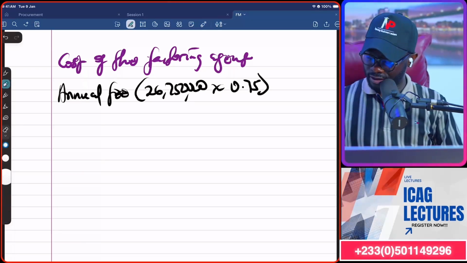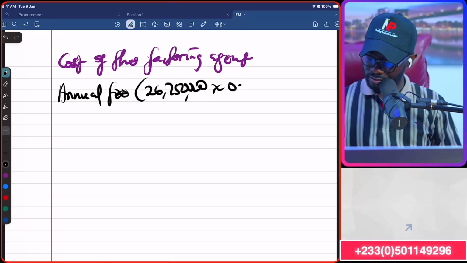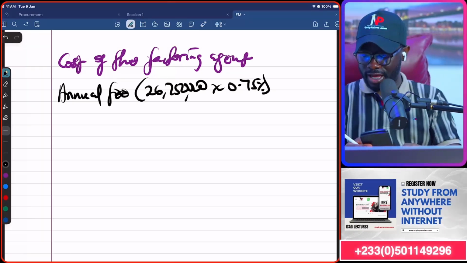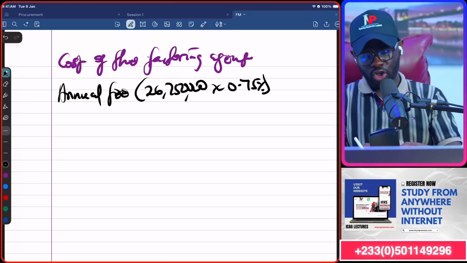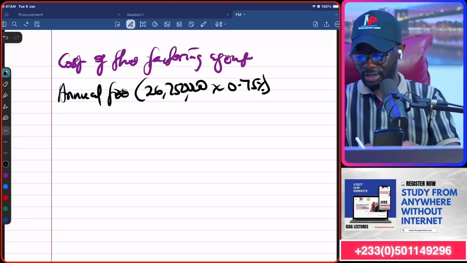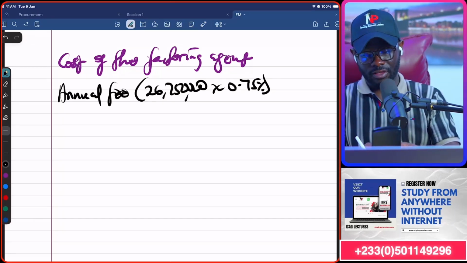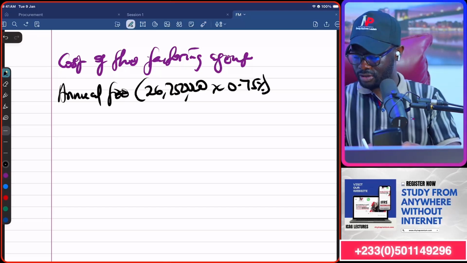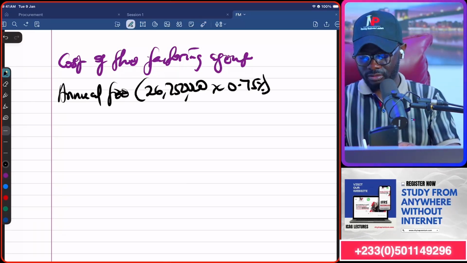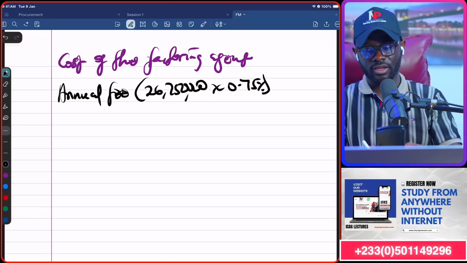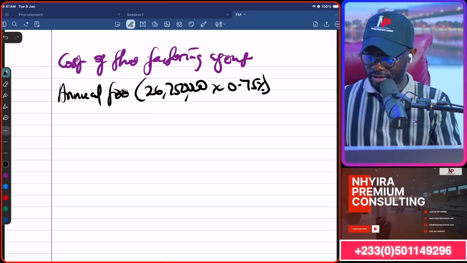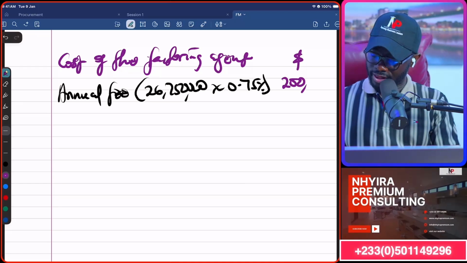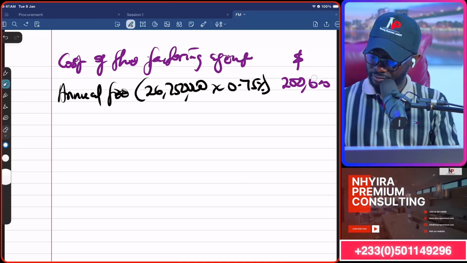That is not a significant amount of money, though. So we punch that out. 0.75 divided by 100 times 26,750,123. And that is 200,000. Whoa, I was thinking it's not going to be much. 200,625.